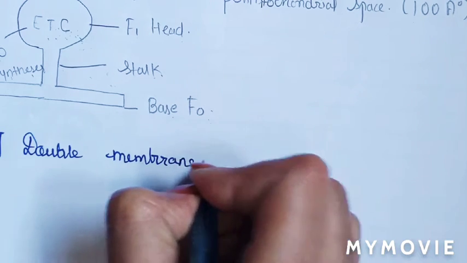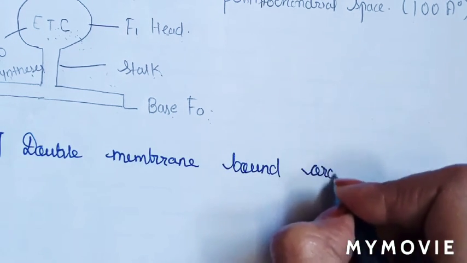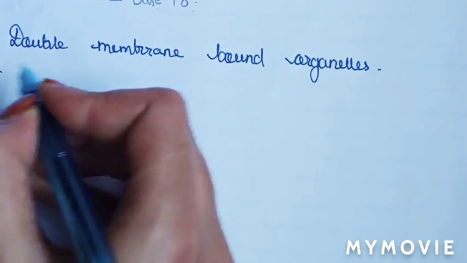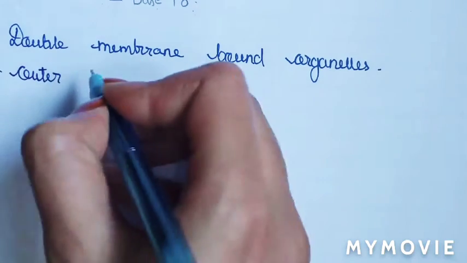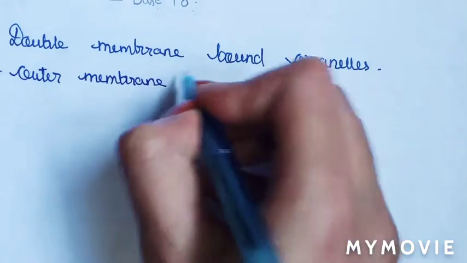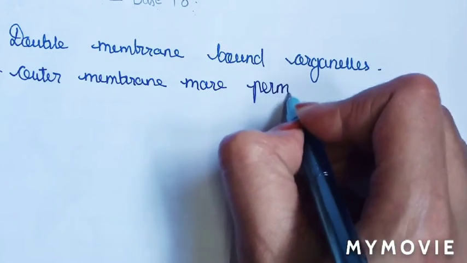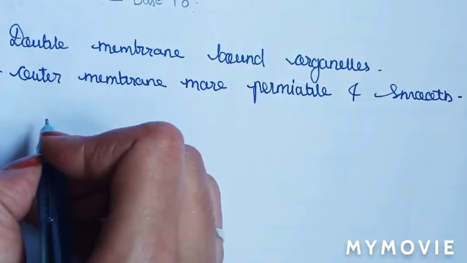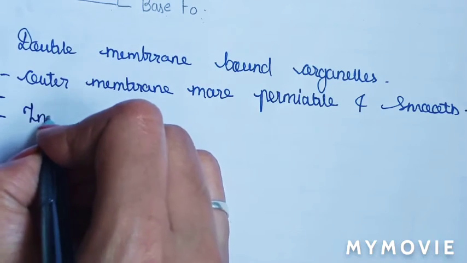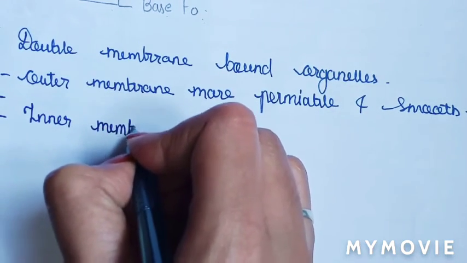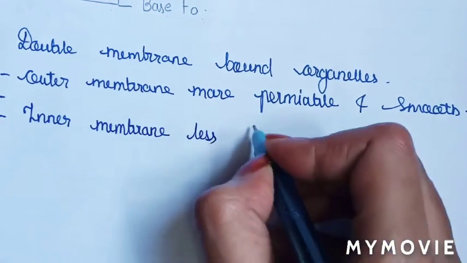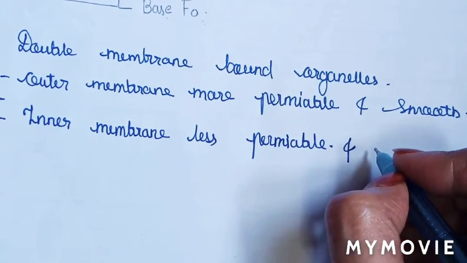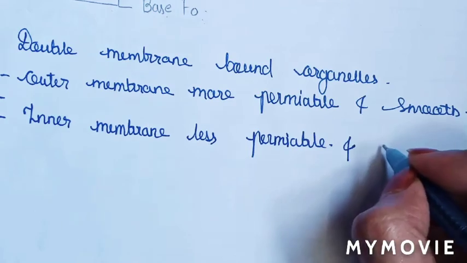Double membrane, so the outer membrane is more permeable and smooth, while the inner membrane is less permeable and rough, meaning it has folds. We will write rough or having folds.